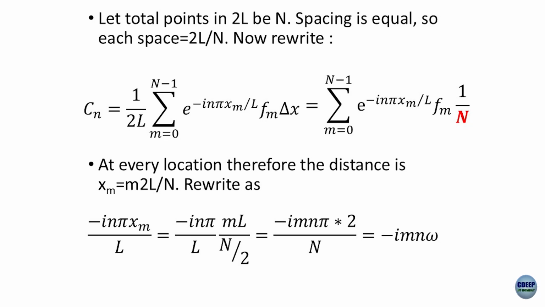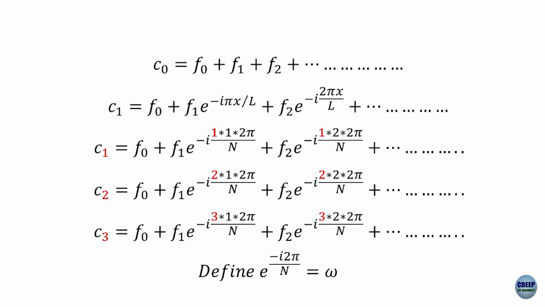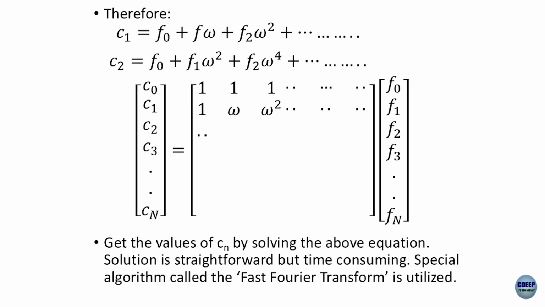And we did a little more algebra, and what we came up with is a bunch of linear equations that can be solved. And if you define omega as e to the minus i 2 pi by n, then you are going to get a matrix equation that looks something like that.